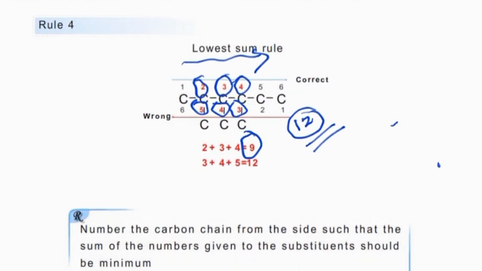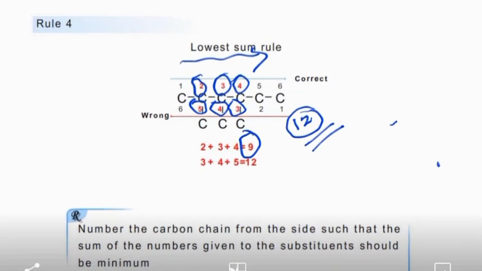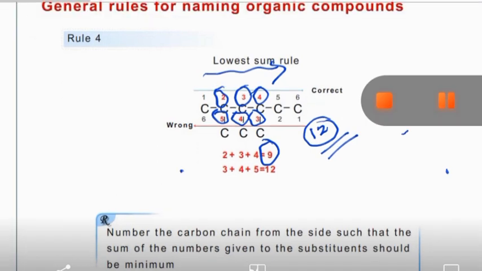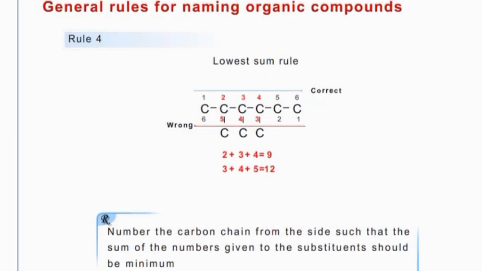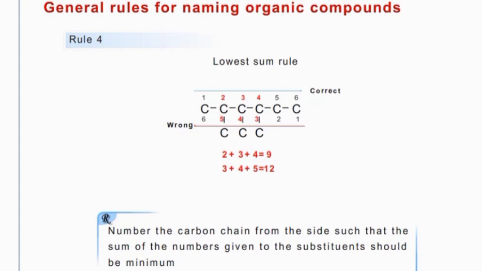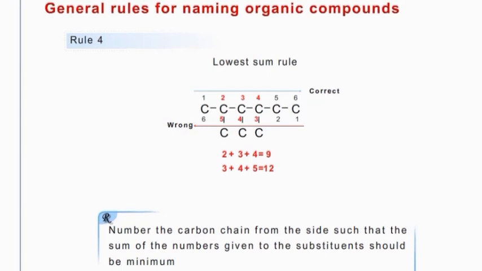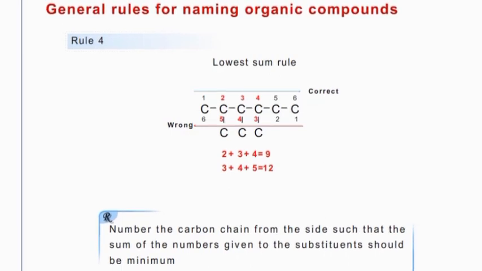This rule is what we call the lowest sum rule. Lowest sum rule means number the carbon chain from the side such that the sum of the numbers given to the substituents should be minimum. So if you number from right to left, then the locant numbers are 3, 4 and 5, and the sum is equal to 12.